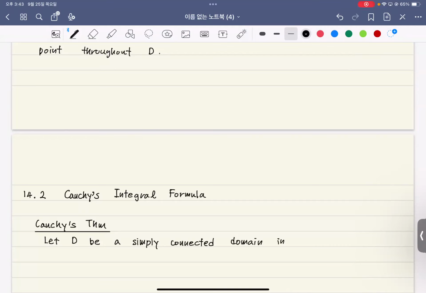Domain in the complex plane C, and also I let a curve C be a closed and oriented curve contained in D.